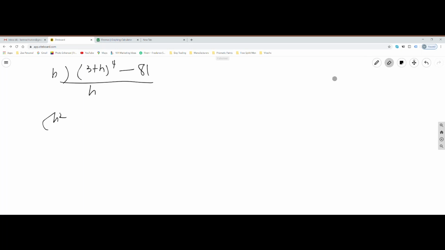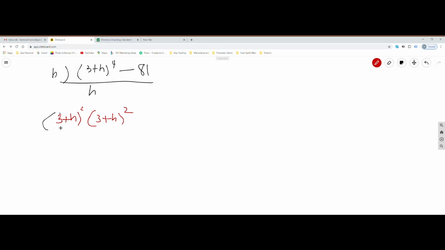This is the same as, let's write in red, (3 plus h) to the 4th. There's an easier way to expand on this.